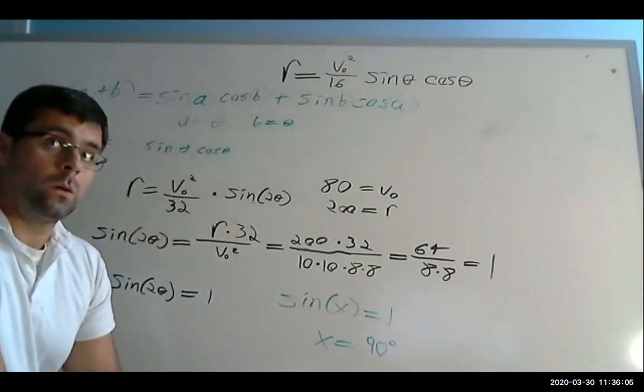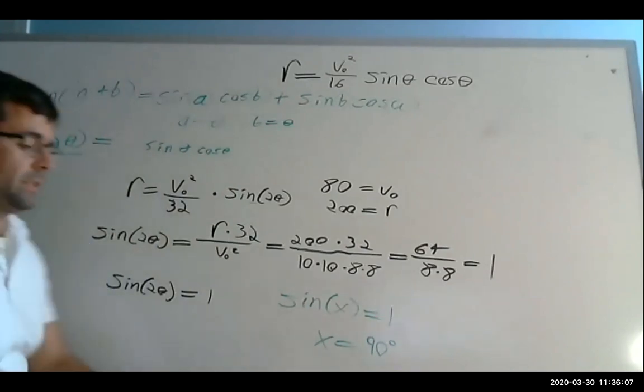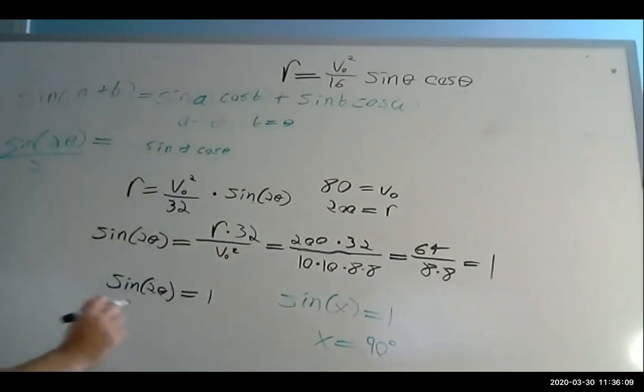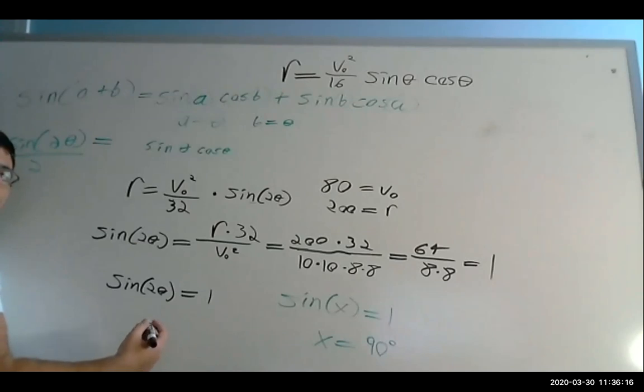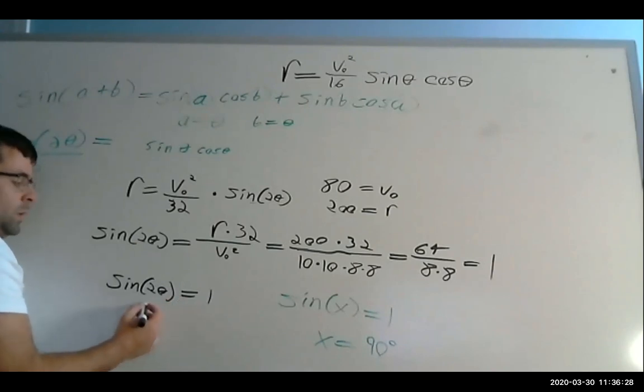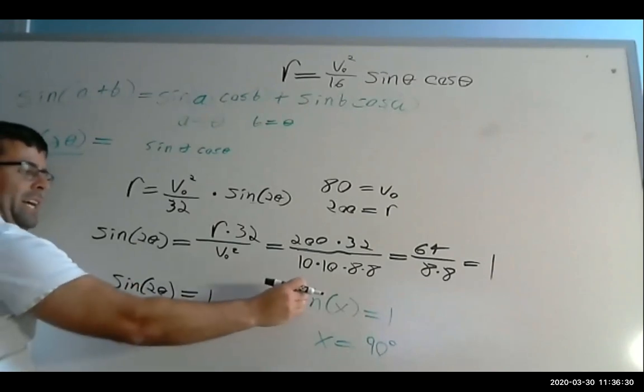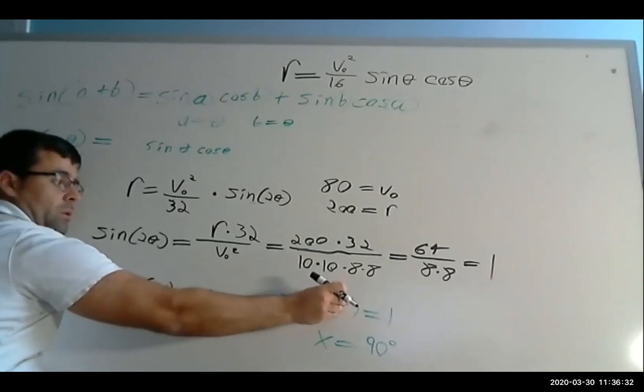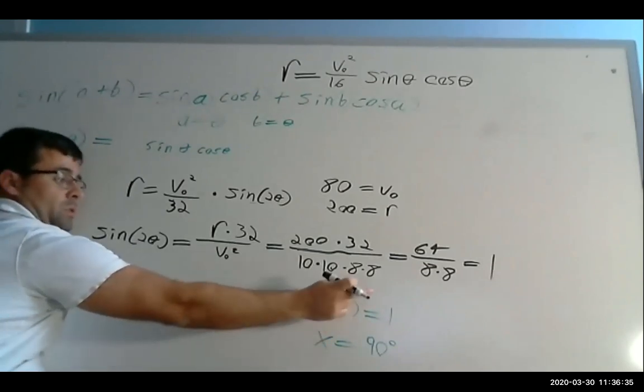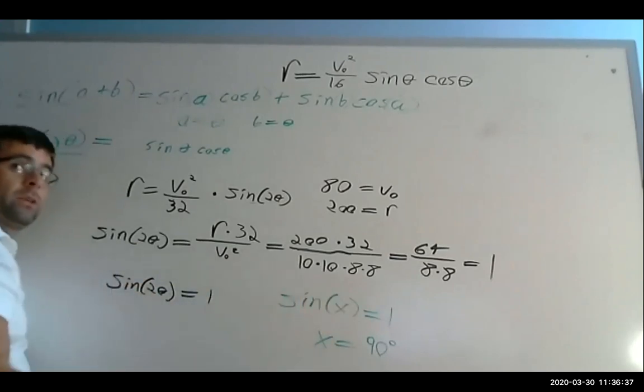So, sine of 2 theta equals 1. What does that mean? Does it mean sine of just theta equals 1/2? No. We said that when sine of something equals 1, that something equals 90 degrees.